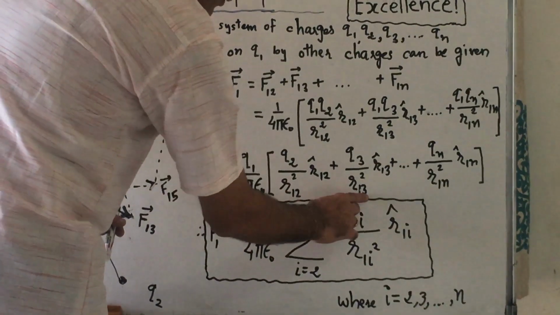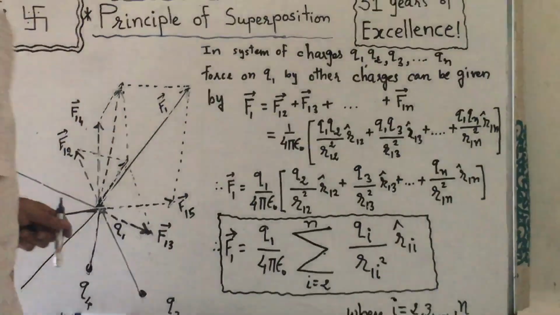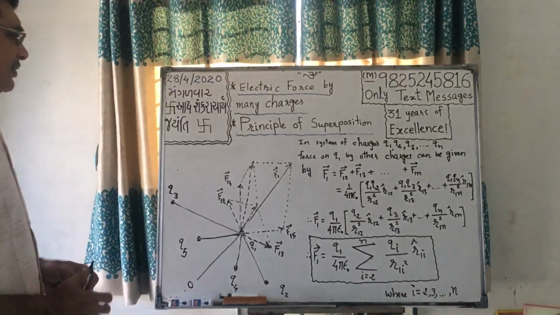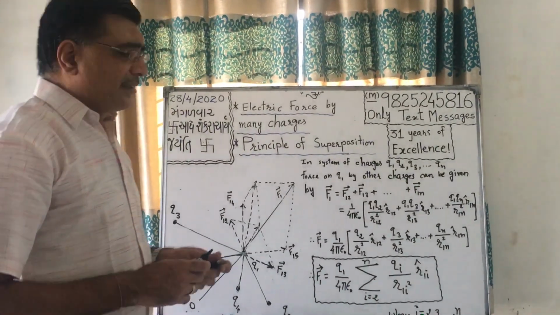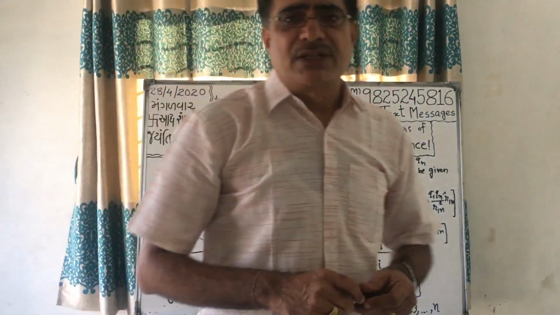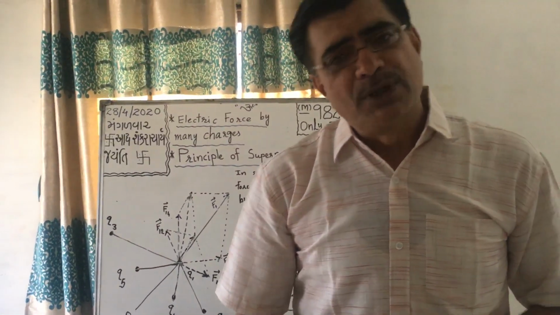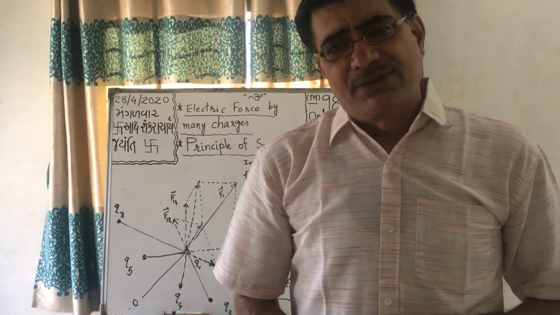That is, i equals 2, i equals 3, up to n. So yesterday we discussed that electrostatics is actually a consequence of Coulomb's law and the principle of superposition. So prepare this.